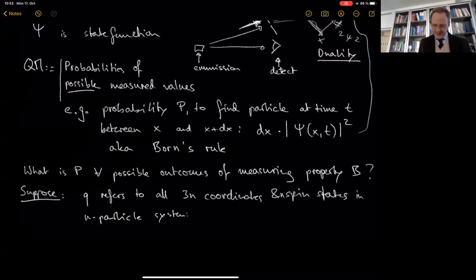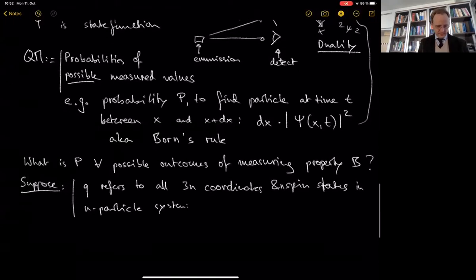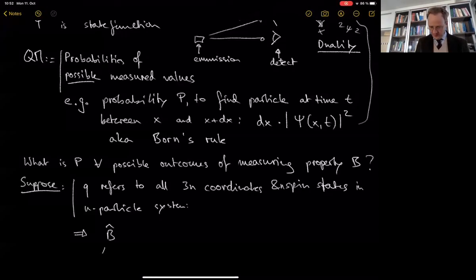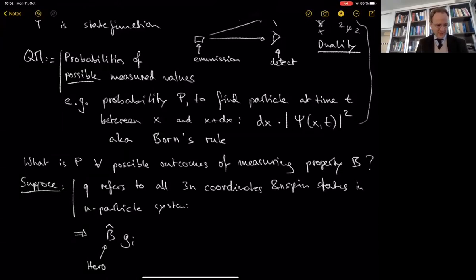Okay, and then we can write that this is our problem. The operator of our property B, B hat, is operating on some eigenfunction, let's call it G, of our q variable, right? So all our variables were wrapped into q.